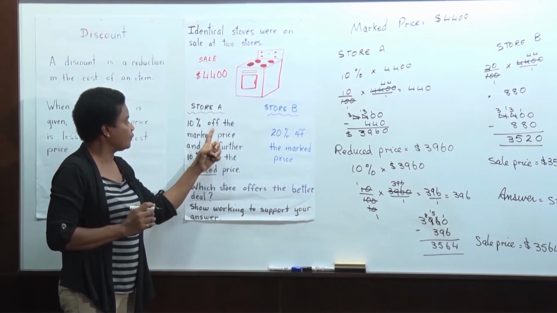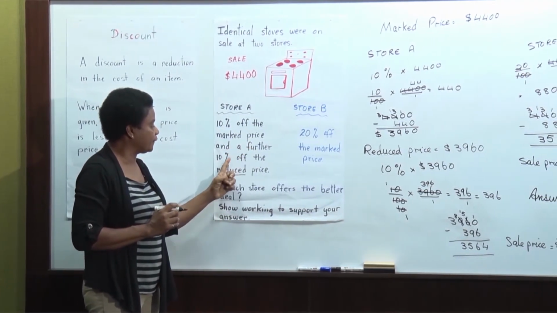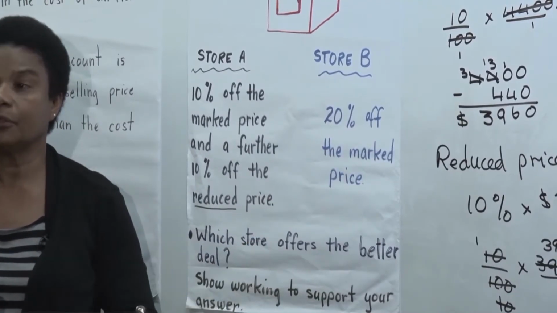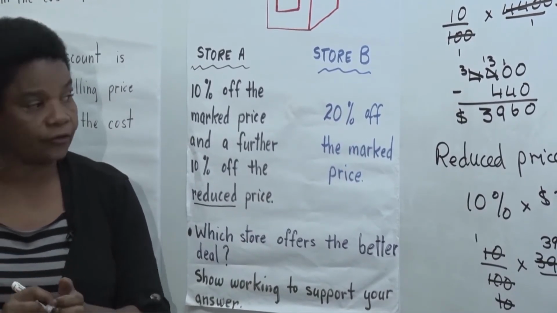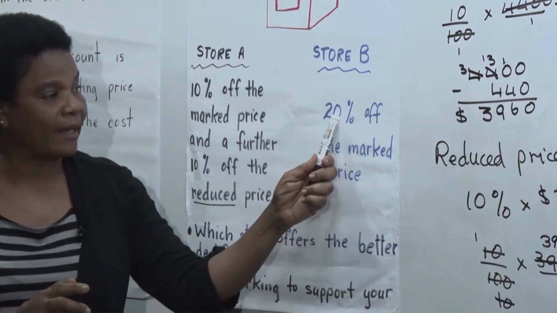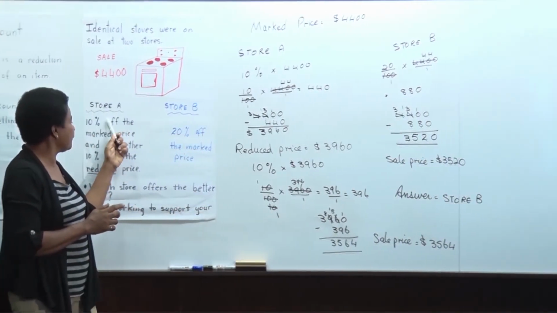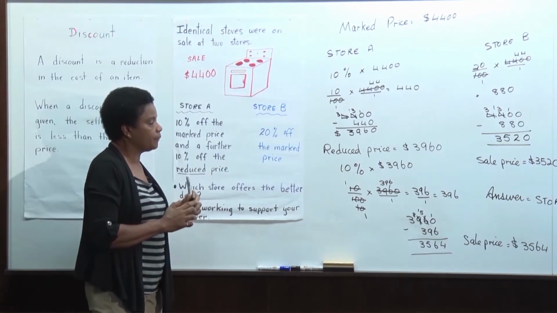Is 10% off the marked price and a further 10% off the same as 20% off? No, it's not. In fact, you have just worked out that 20% off is a better deal than taking 10% off and a further 10% off.